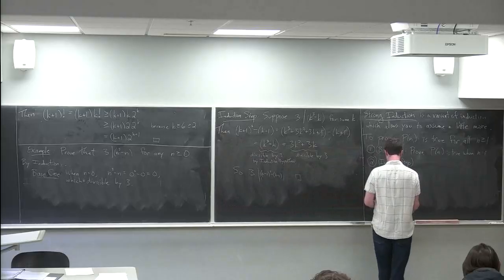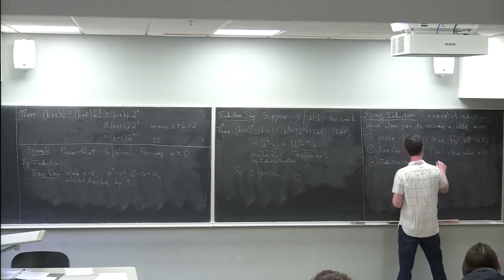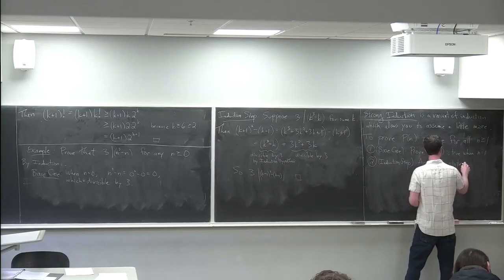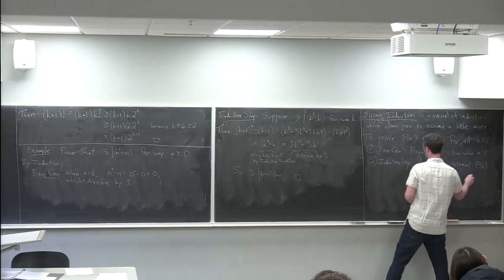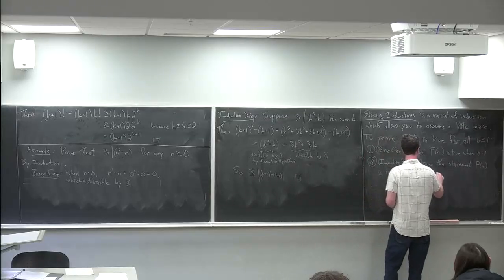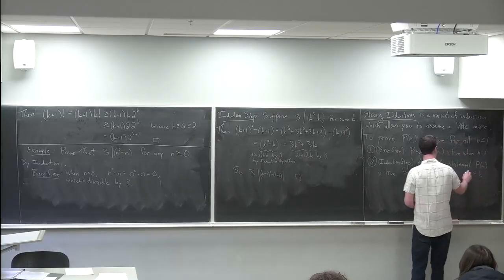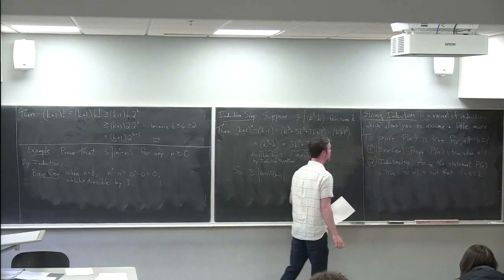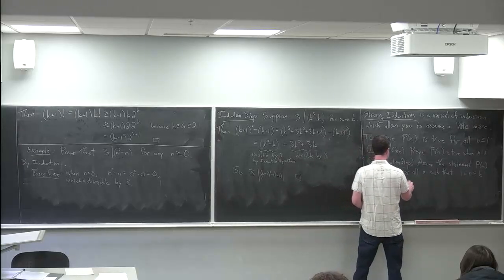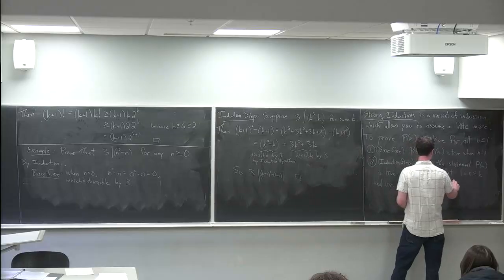Okay, so what we get to assume is that the statement P of n is true for all n which are less than or equal to some k, also bigger than or equal to the base case, and then use it to prove that P of n is true for the next k.